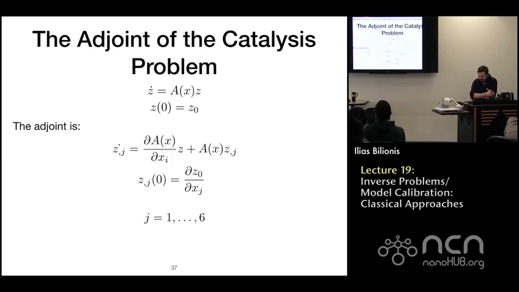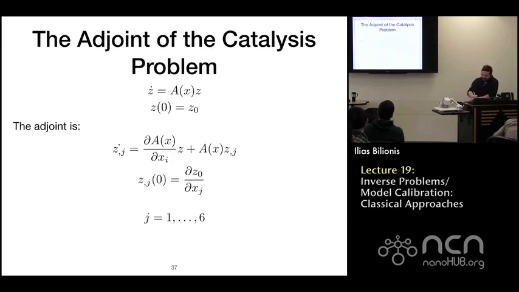It's a differential equation for the time derivative of z with respect to xj, and it starts at this initial condition. This is called the adjoint ODE, ordinary differential equation, to the original differential equation, and if you solve it, you will get the derivatives.